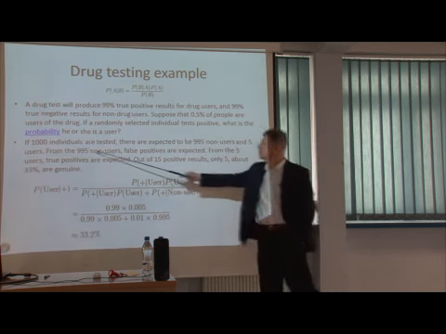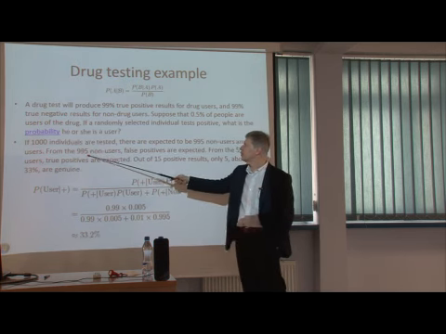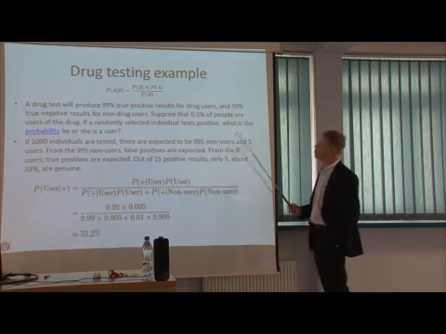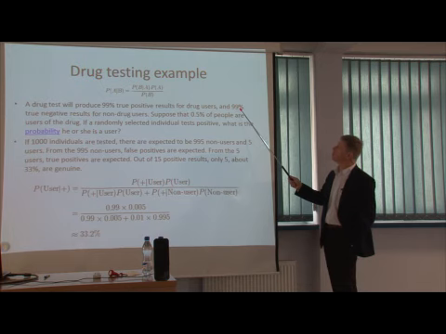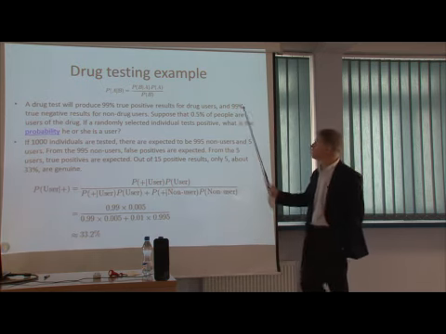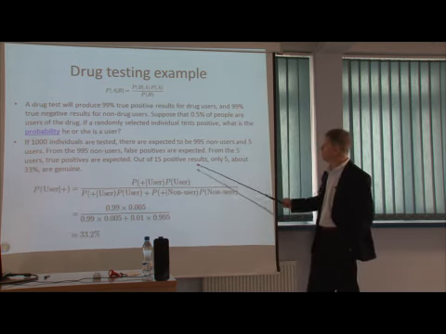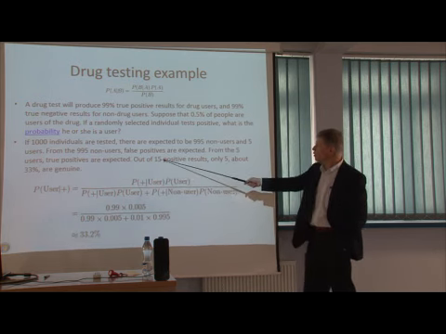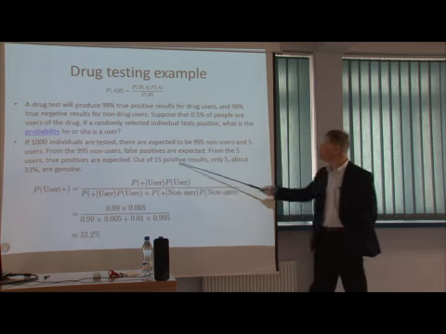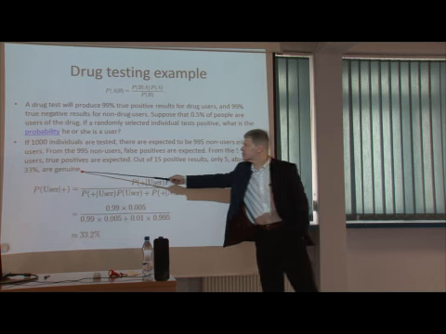And 1% of non-users would also be tested positively, because the test is not 100%, but 99% correct for true negatives. All right, so if you plug in these numbers, what do we get? We get that out of 15 positive results, only 5, or about 33%, are genuine.